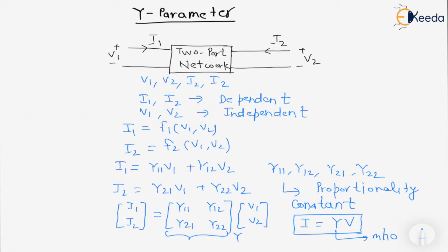Now the main problem will be how to find out these values y11, y12, y21 and y22. We have I1 is equal to y11 V1 plus y12 V2 and I2 is equal to y21 V1 plus y22 V2. What we will do, we will short circuit V2 first. V2 is equal to 0.